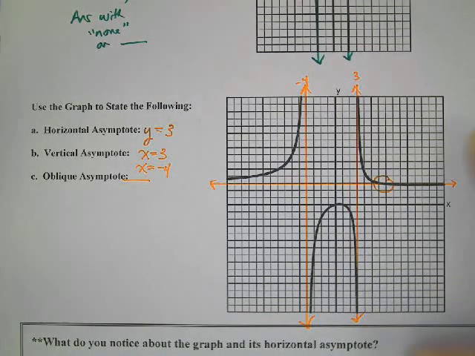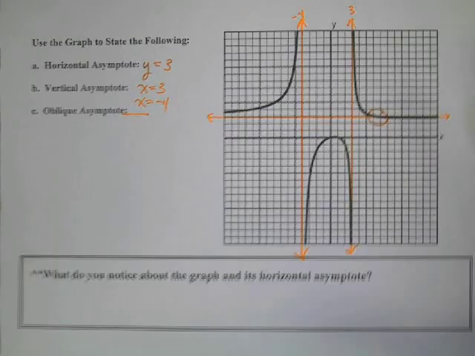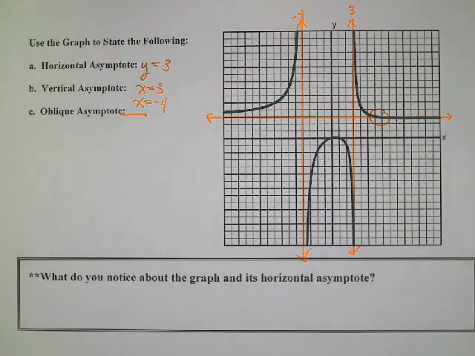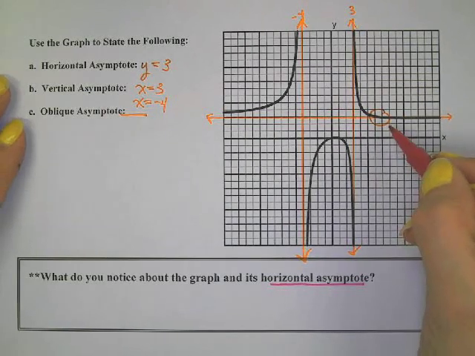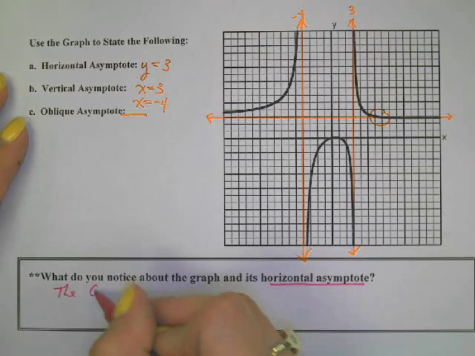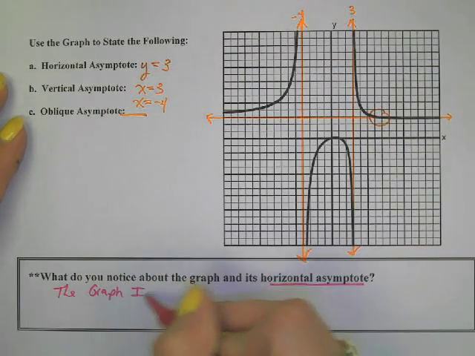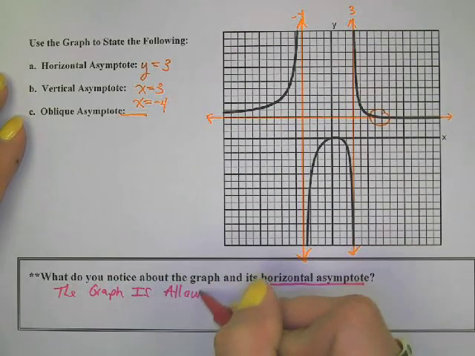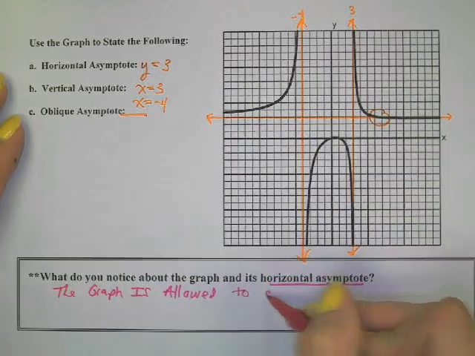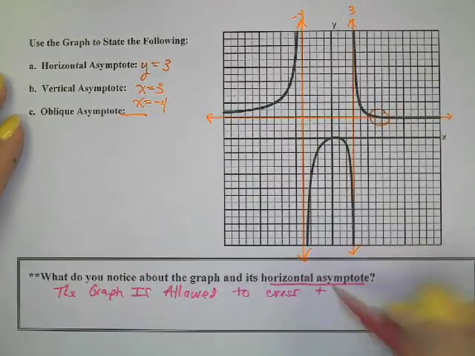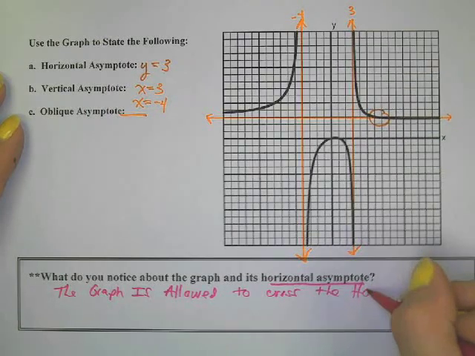So we have to make sure that we write a little note down here because something interesting happened. Okay, what do you notice about the graph and its horizontal asymptote right there? The graph is allowed to cross the horizontal asymptote.